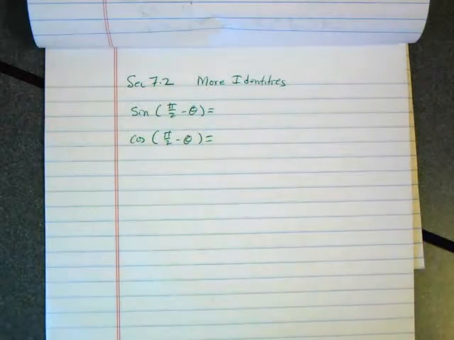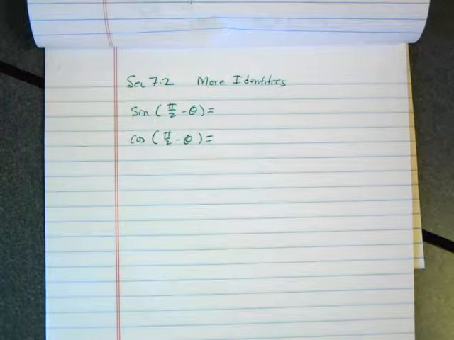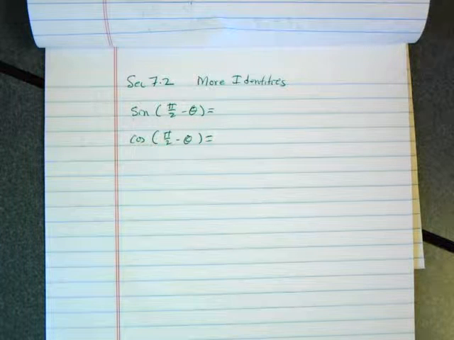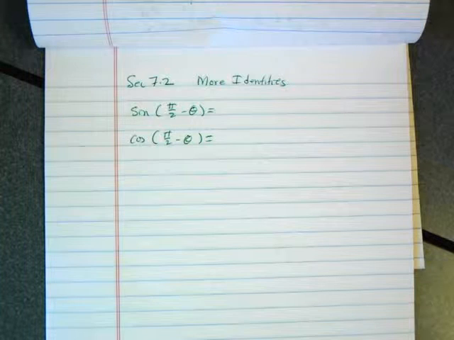All right, back in Chapter 6, we had those two identities, and those were called the co-function identities. So fill in the blank. What's sine of pi over 2 minus theta the same as?